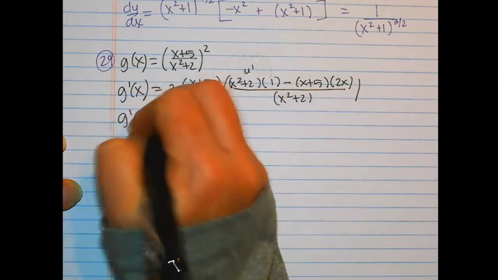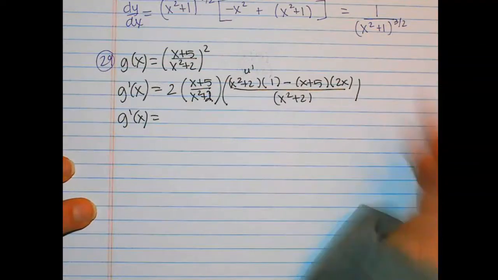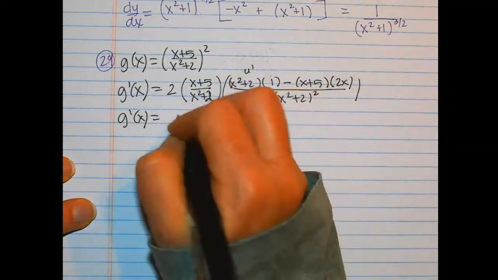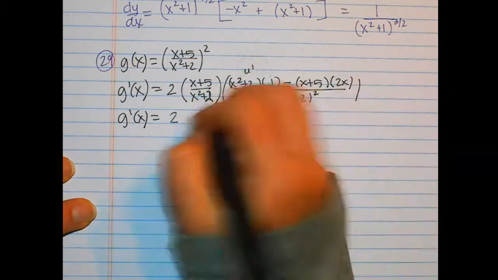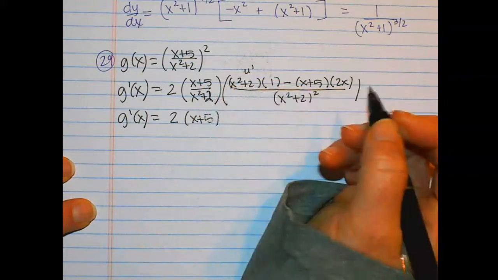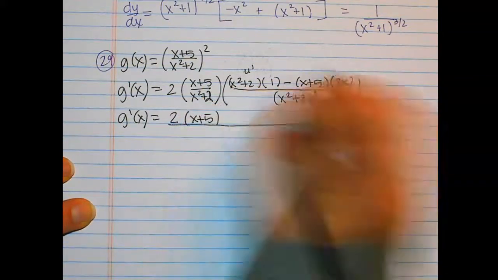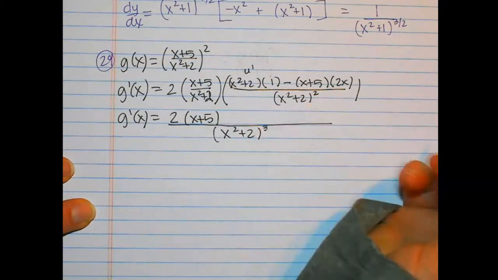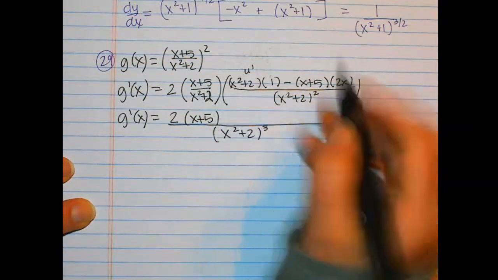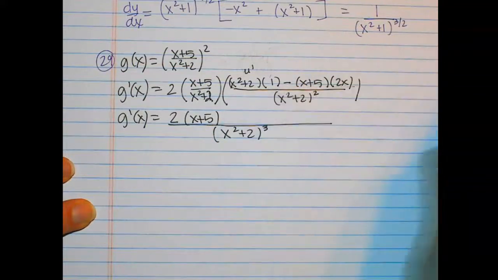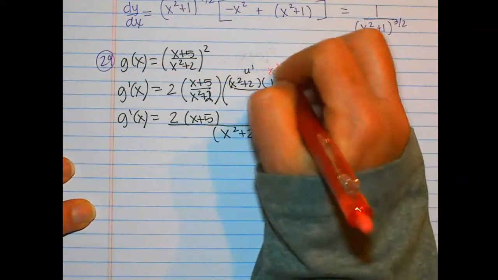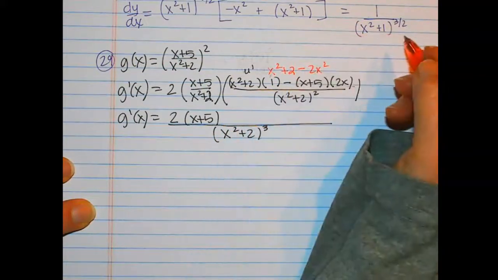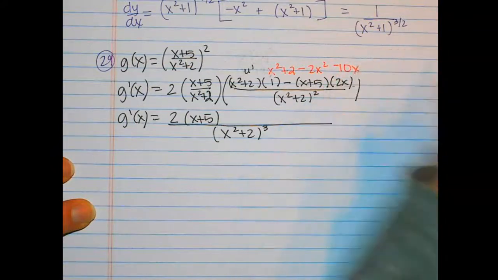g prime of x equals, let's simplify this. Oops, bottom squared. So now I have 2 times x plus 5 on top. I have x squared plus 2, 1, 2, 3 of them on the bottom. And this simplifies to be, I'm going to do it up here, x squared plus 2 minus 2x squared minus 10x.